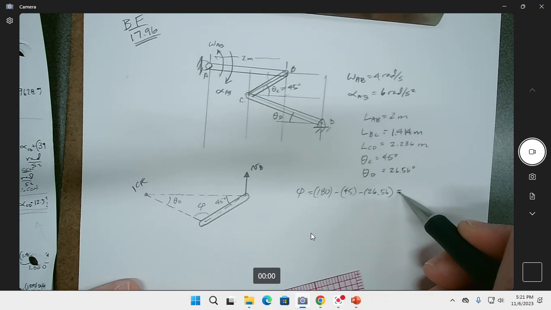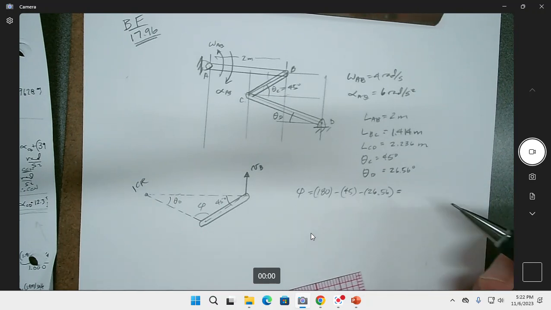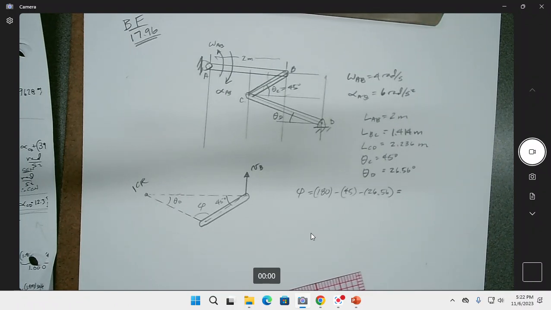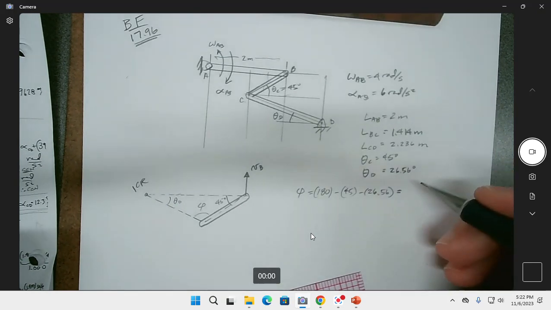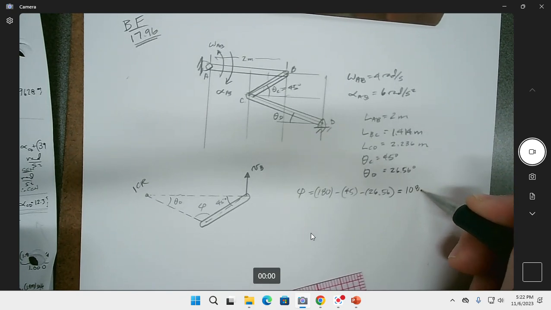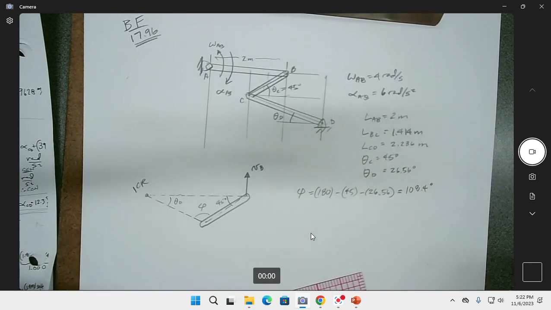I didn't find it, so I did it a different way. This way right here is better. I like this way better. So we're going to go 180, 45 minus 26.56 minus, so we get 108.4 degrees.